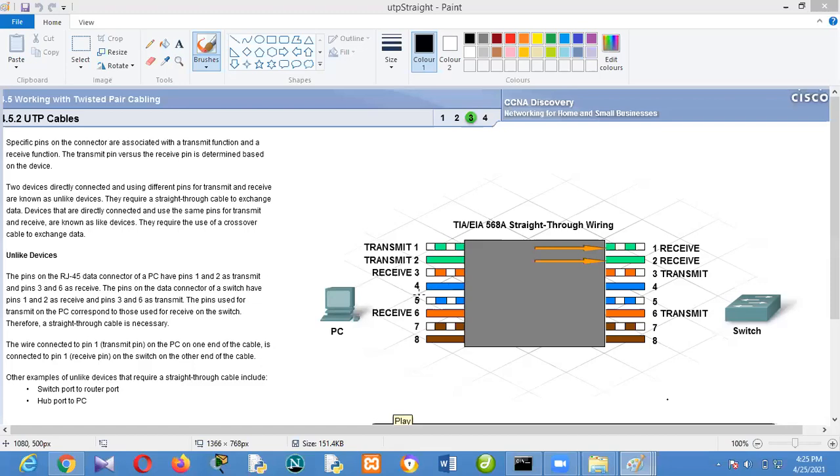I can't see your screen. Can't see the screen. Oh, sorry. I'm sharing it again. Can you see it now? Hello? Not yet. Can you see my screen yet? Not yet.